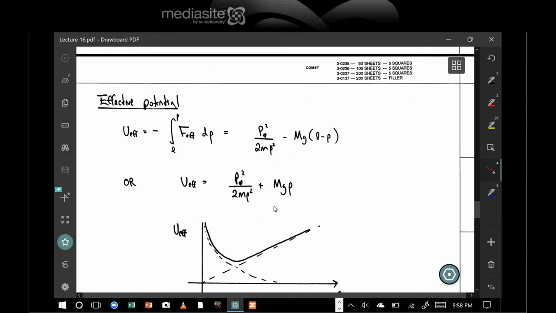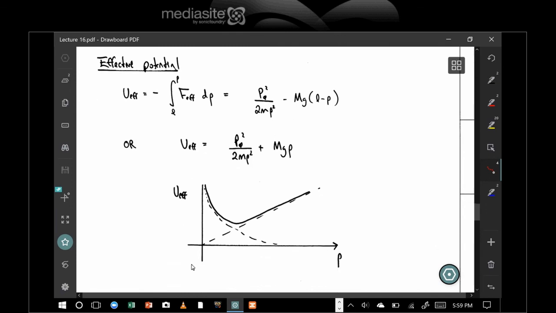If the system was not spinning, then P sub phi would be 0, and it would not have an equilibrium position. But the fact that it is spinning, has some initial angular momentum, gives an equilibrium position, and this is why looking at an effective potential is really important.